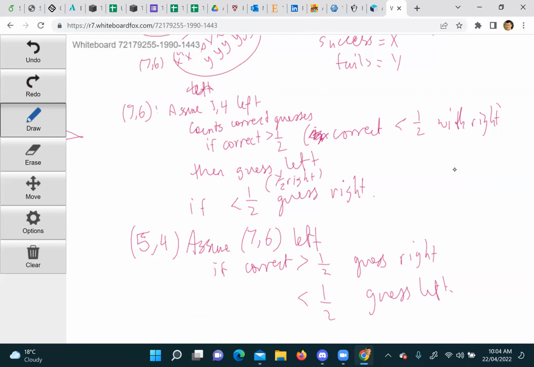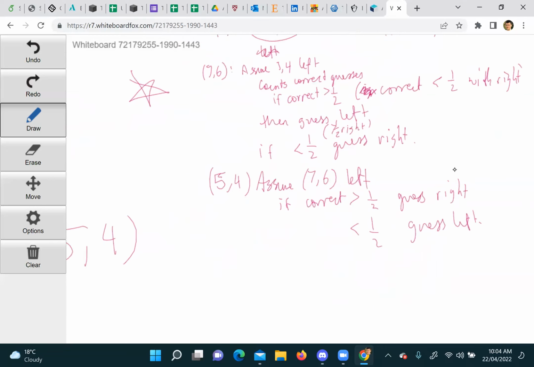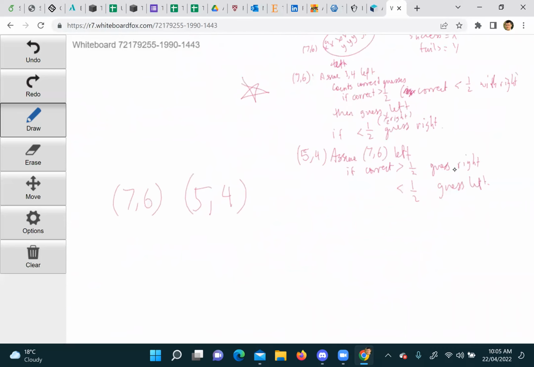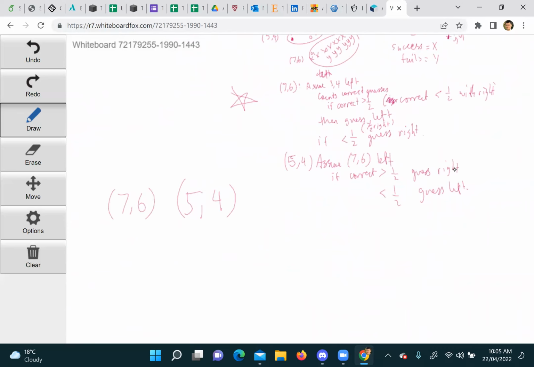Oh, I'm kind of confused again. Well, did what I said just make sense? Yes. Yeah, so 7-6 knows that if it's gonna do well with left, the other person's gonna guess left anyway, yeah? It's only when they guess right.